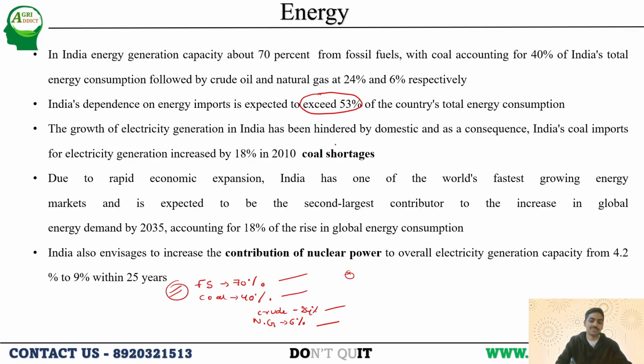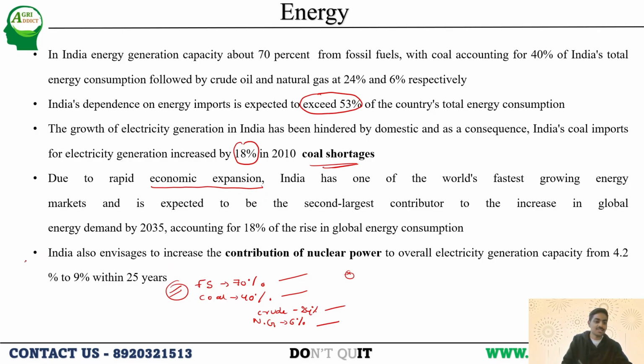Talking about India's coal imports for electricity, it has increased by 18%, and even now we sometimes face coal shortages, because of the need for electricity generation. This is mainly because of economic expansion, which has made electricity import necessary.